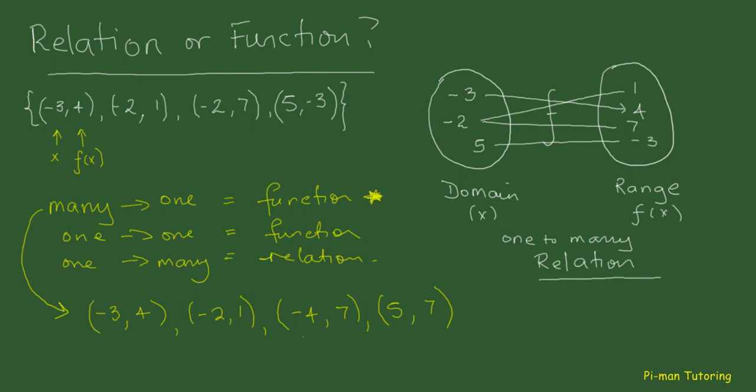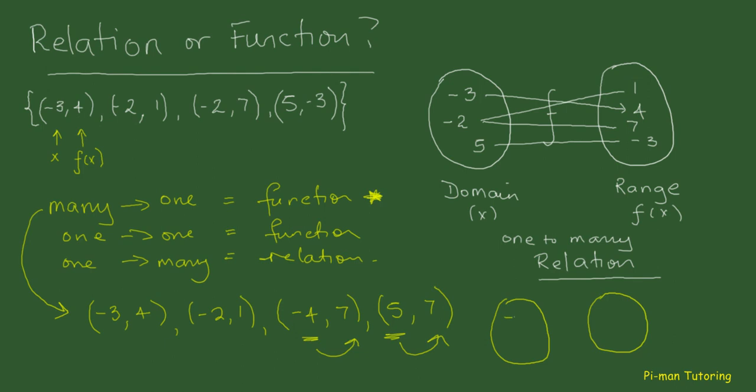So in this case, we have two different input values producing the same output value. And that's okay. That's still a function. That's a many-to-one relationship, which means that we have a function.